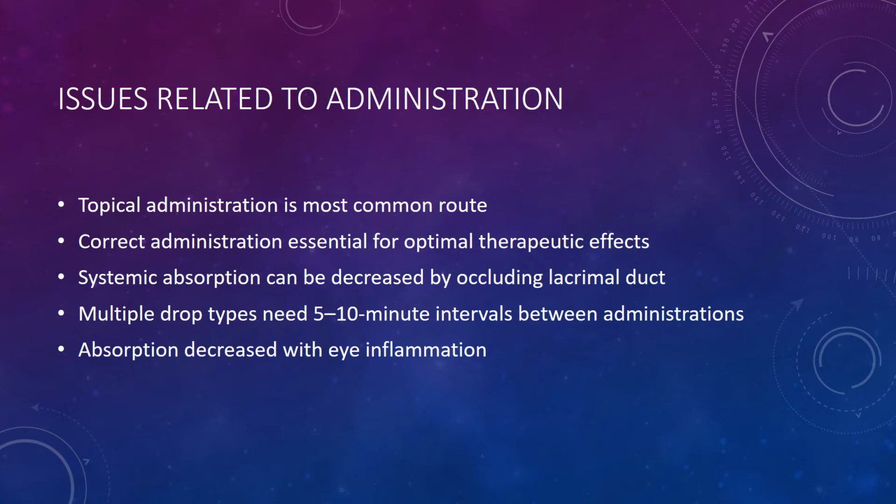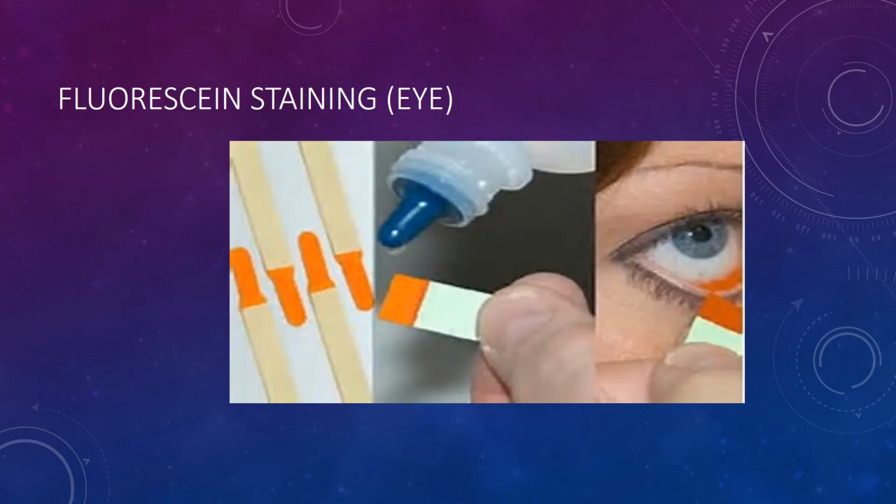And absorption does decrease with eye inflammation, so we have to keep that in mind and watch for inflammation, and also the use of contacts. We'll talk about that in a little bit, but the use of that when you put in eye drops should be discouraged or put on hold. So we'll talk about that in a minute.